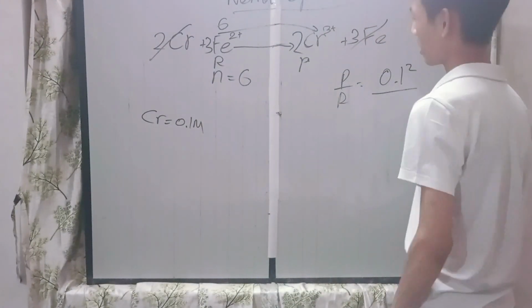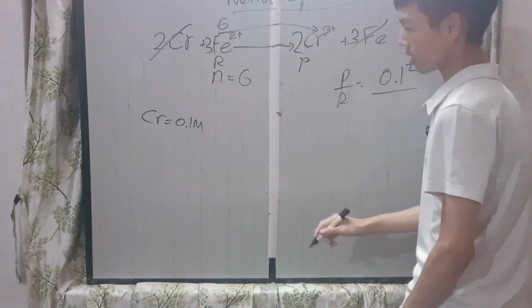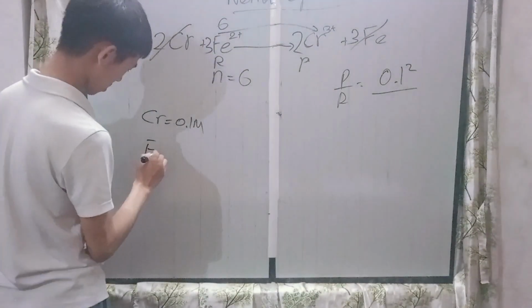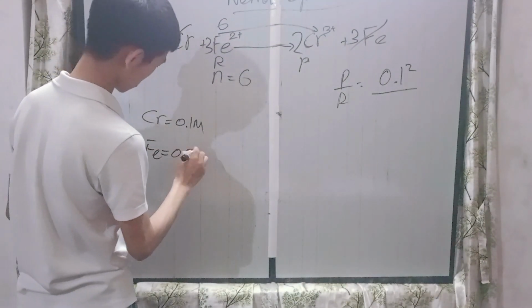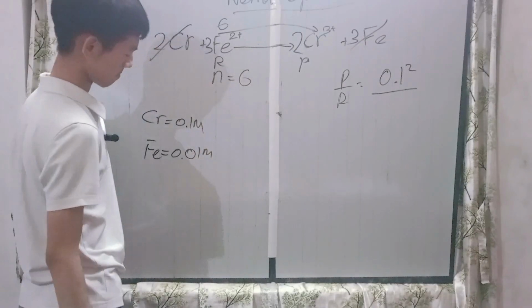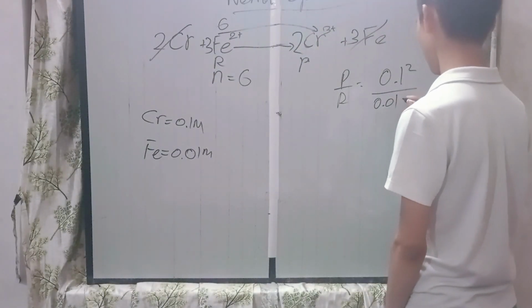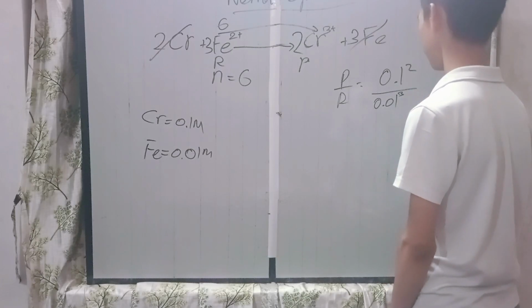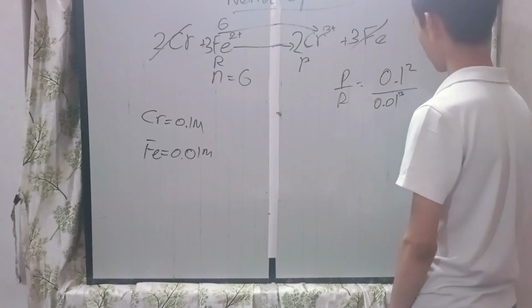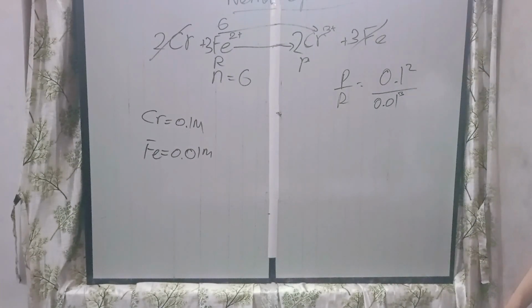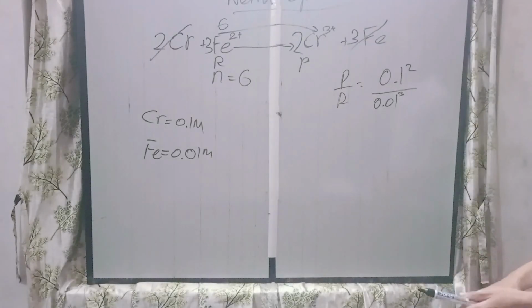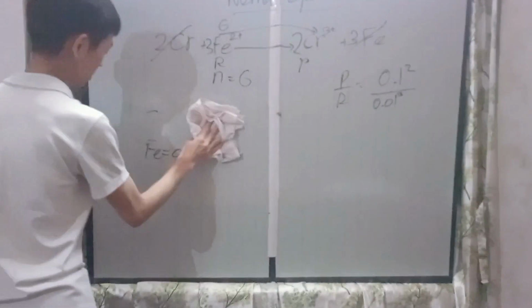For the iron we have 3, so we also raise it to the power 3. Now put in the values. You have n, P and R.